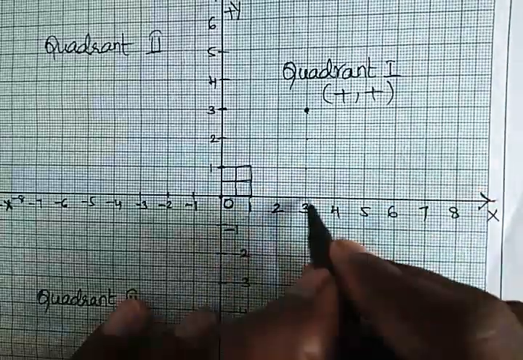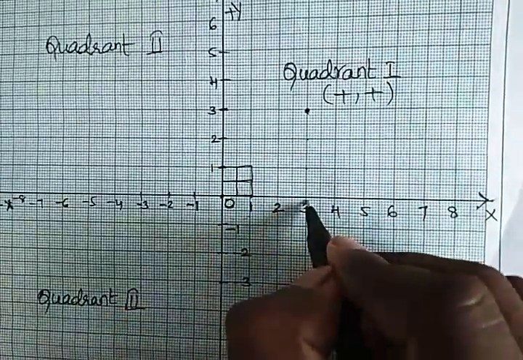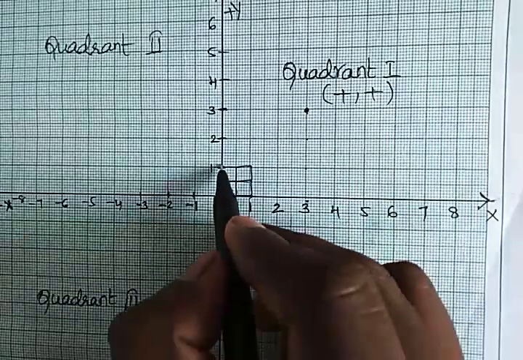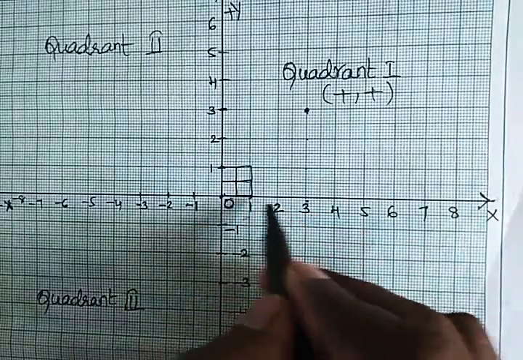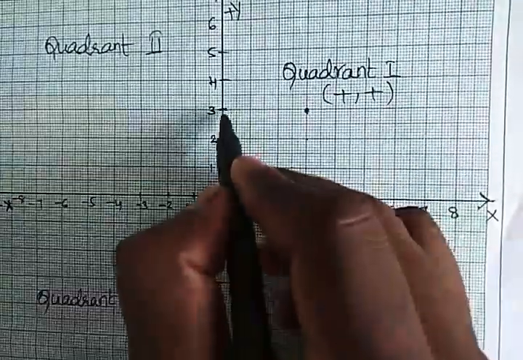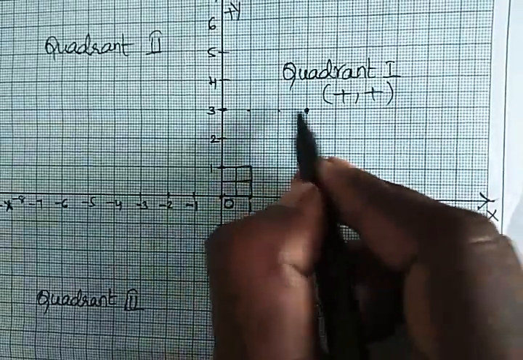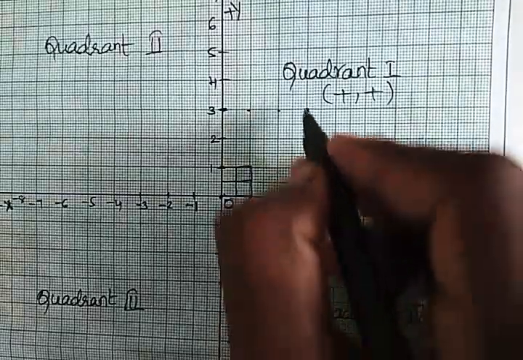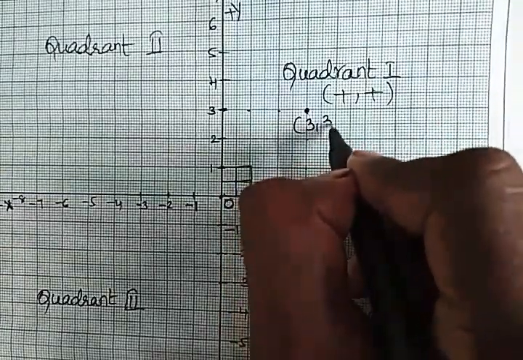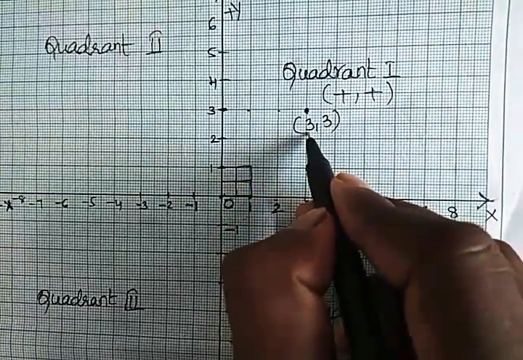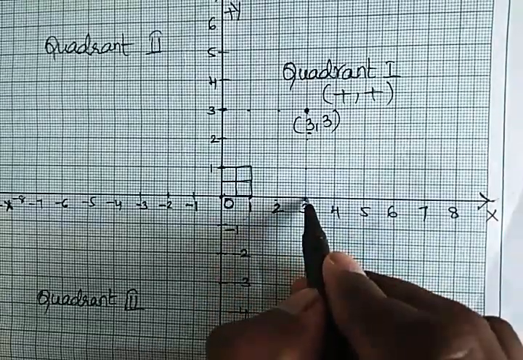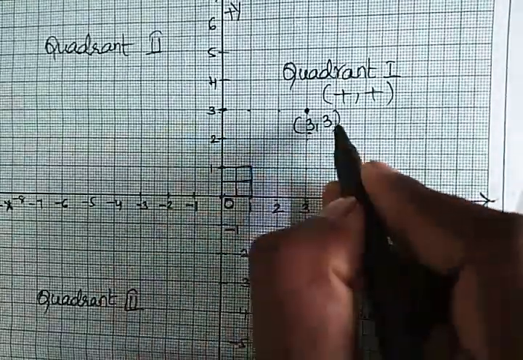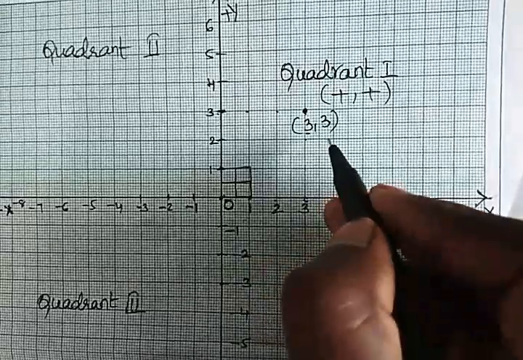This point is 3 units away from the x-axis, and from the y-axis, 1, 2, 3 units. From the y-axis it is 3 units away. So we can say it as 3, 3. This is the x value, and this is the y value.